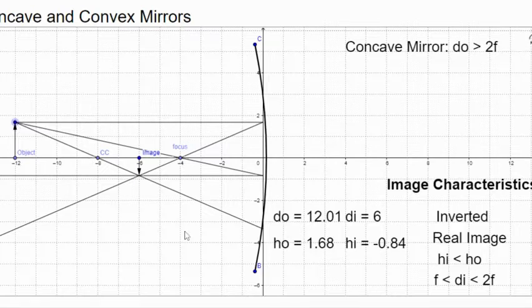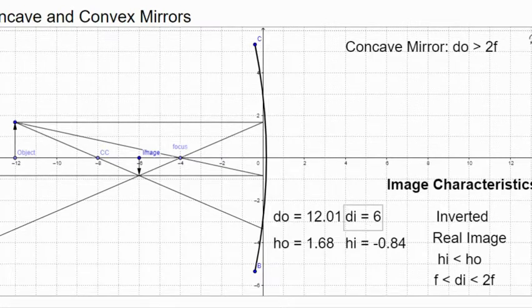Okay, can't really get it exactly on 12. It's a little difficult to control, but let's see if I can do this. Oh yeah, it's still very difficult to control. Okay, so when the object distance is 12, this says that the image distance is 6.